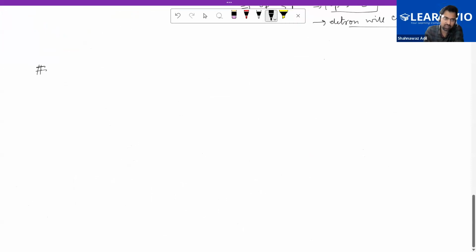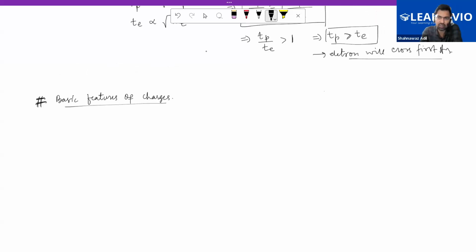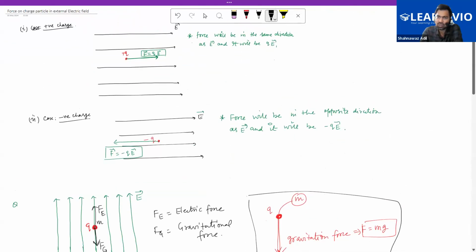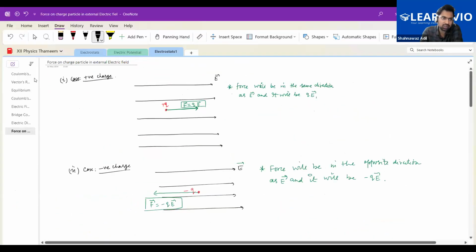Firstly, we have talked about basic features of charges. Did we talk about quantization, all those things?